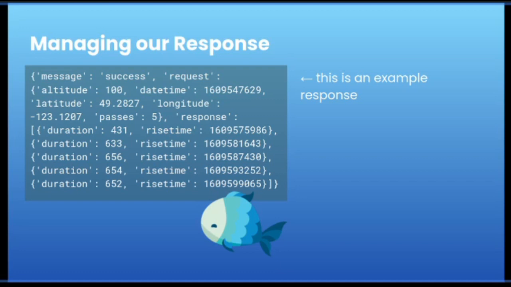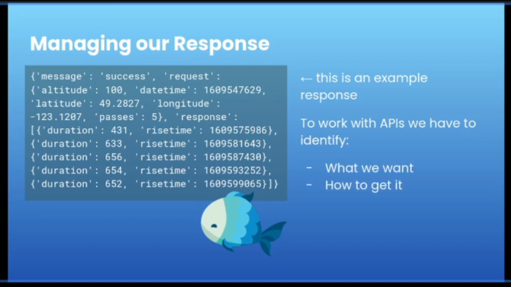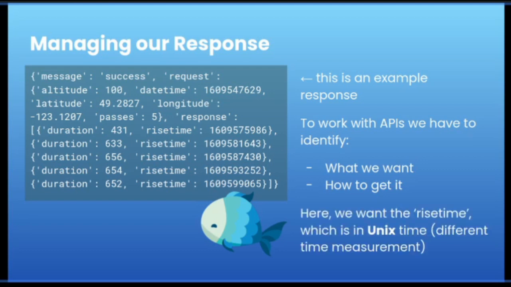So this is an example response for my location, which is somewhere in Vancouver. We have to identify what we want and how to get it from this response, which is this rise time, which is in Unix time, which is a different time measurement.